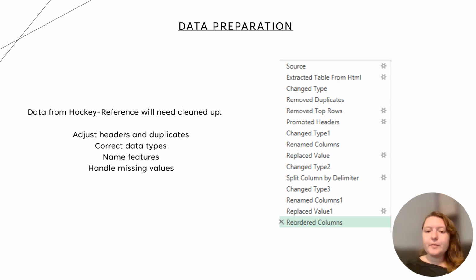We're going to rename some of those headers and features so that they make a little more sense. And we've got to figure out what's going on with those missing and error values in some of those fields. So right here, remember on the right hand side of that Power Query editor, the applied steps. These are all of my applied steps, and we're going to run through those over the next few slides.